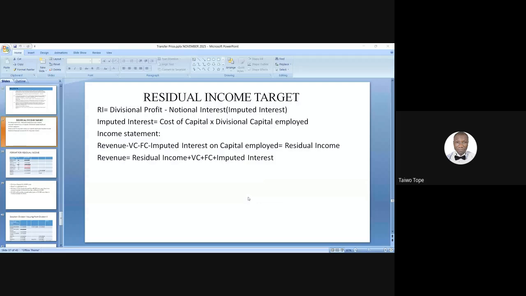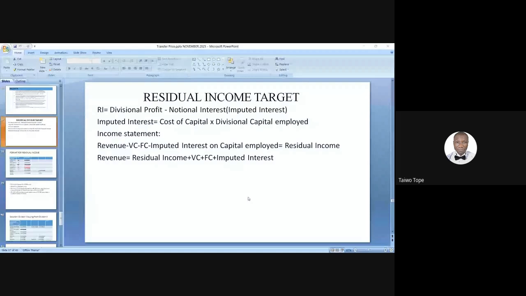What are those costs? Your variable costs, less your fixed costs, and also less your imputed interest on capital employed. Then you get your residual income. So for us to get our transfer price, when residual income target is involved, there's always a need for us to follow a format.